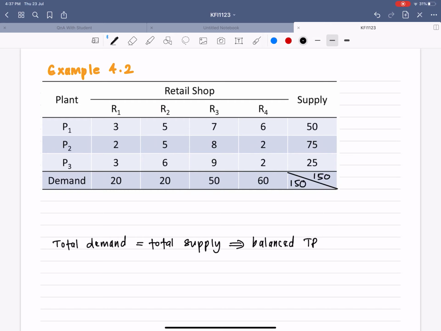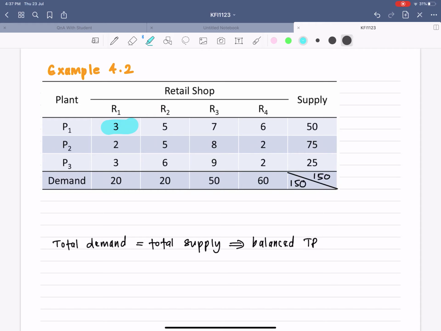So what we will do next is look at the northwest corner cell, which in this case is this one.